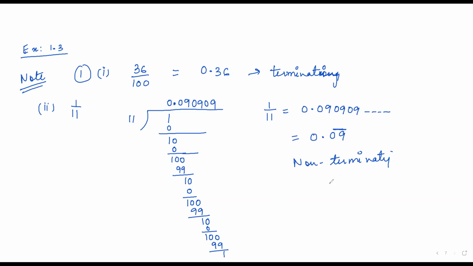Yes, it is recurring, or repeating. It is repeating itself: 090909. I told you non-terminating can be of two types, recurring and non-recurring. Now this is non-terminating and recurring, or you can call it repeating also. Understand?